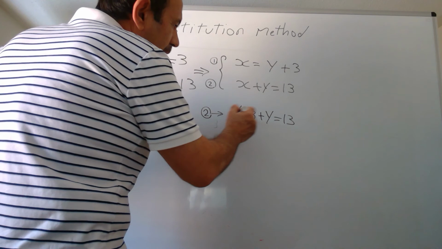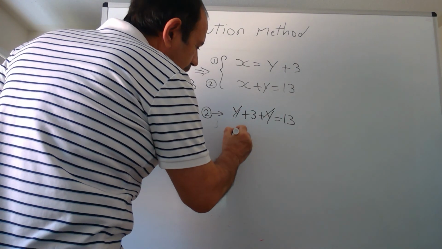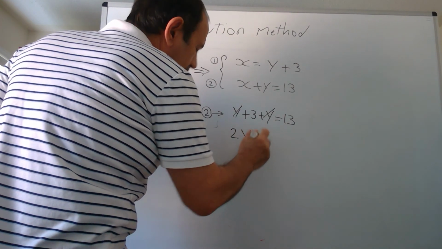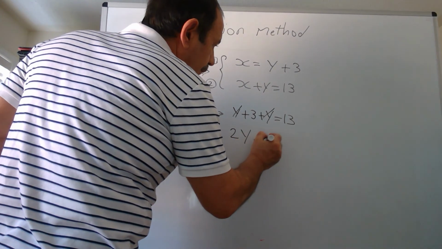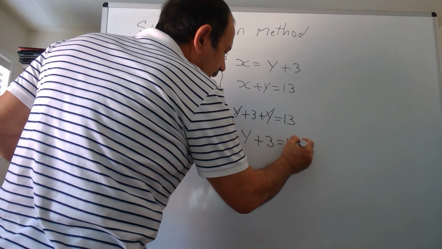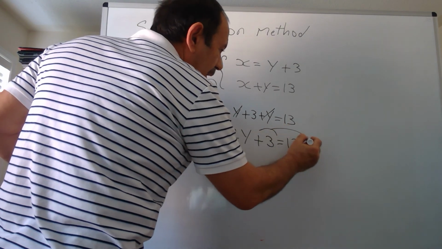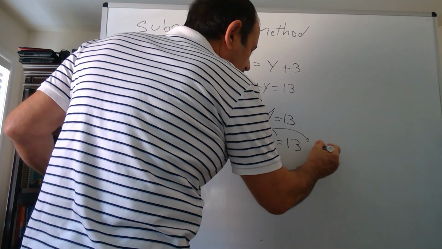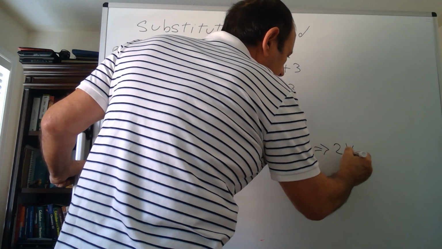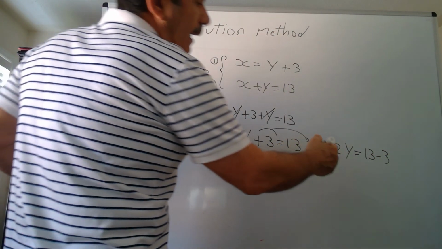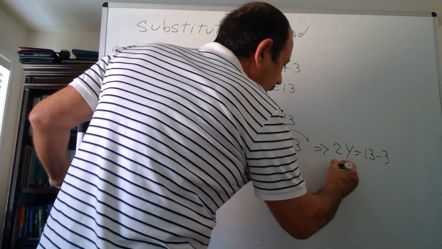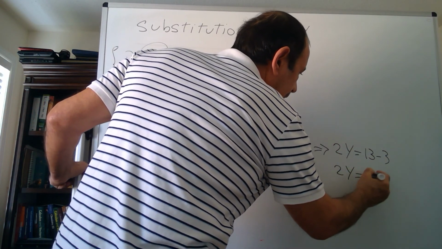y and y are like terms. So 2y plus 3 is equal 13. Then if I move this 3 to the other side, it's going to be 2y is equal 13 minus 3, and 2y is going to be 10.